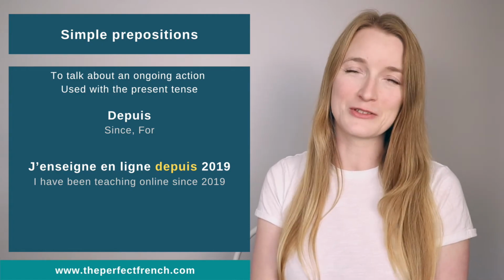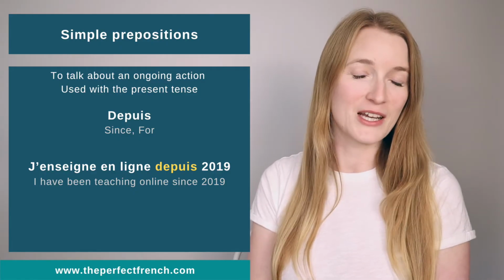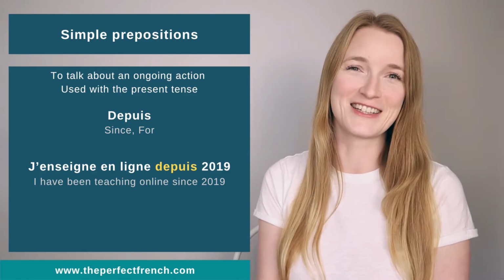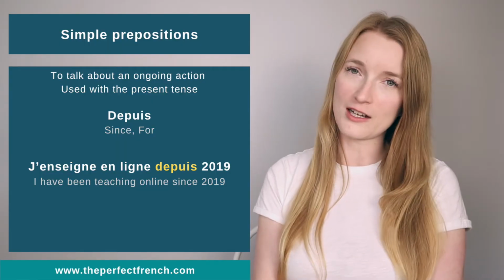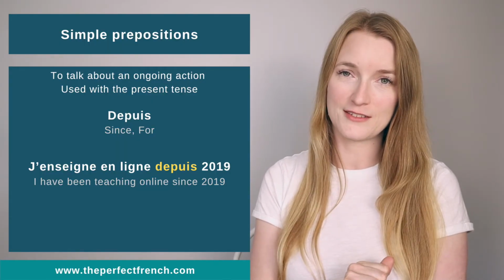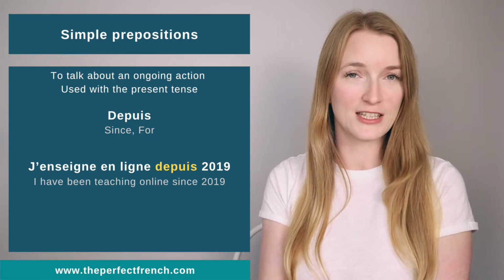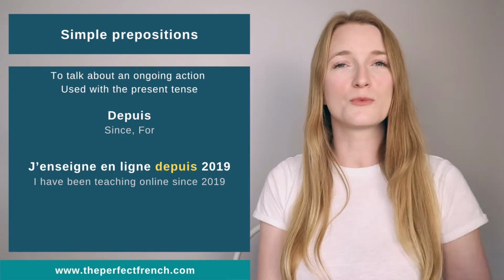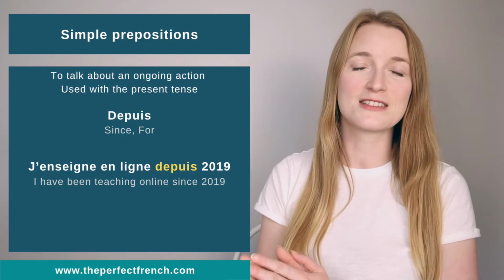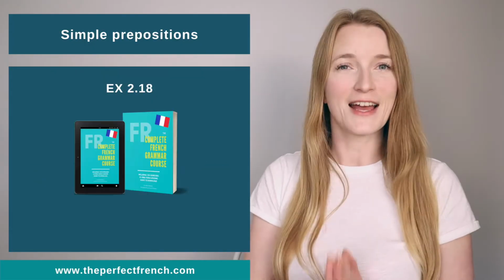I guess that's about me, but I did not remember writing this one. So, I have been teaching online since 2019. I have been teaching for us, j'enseigne. Okay? If you use depuis, you're going to use the present tense. So, since 2019, depuis 2019.